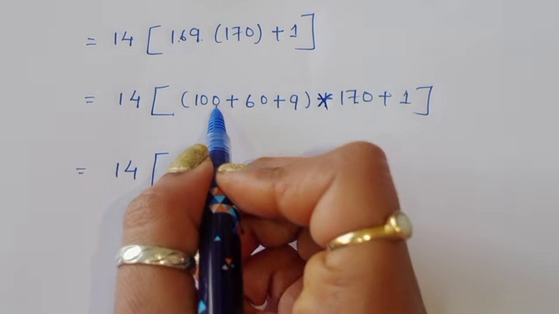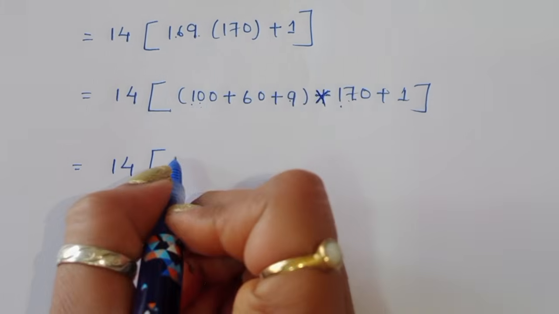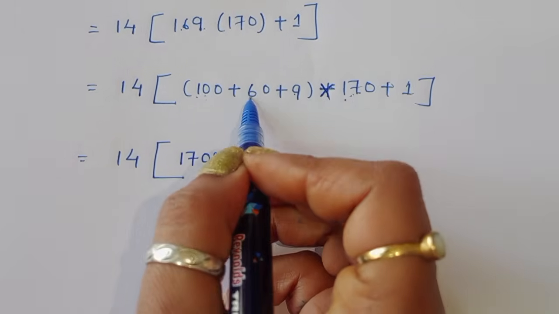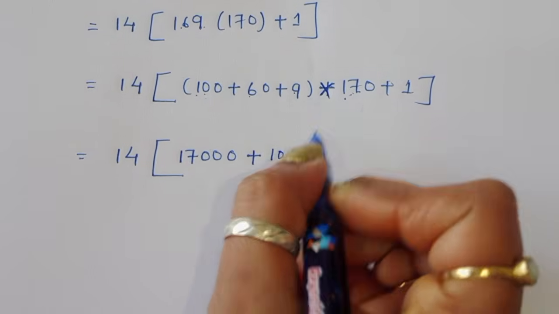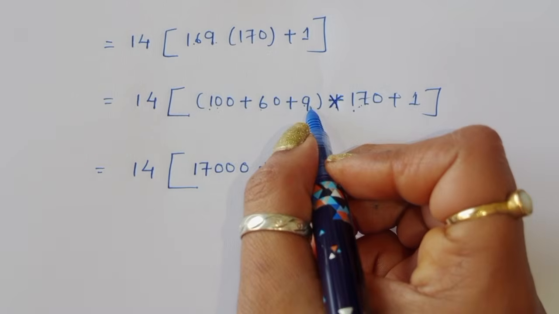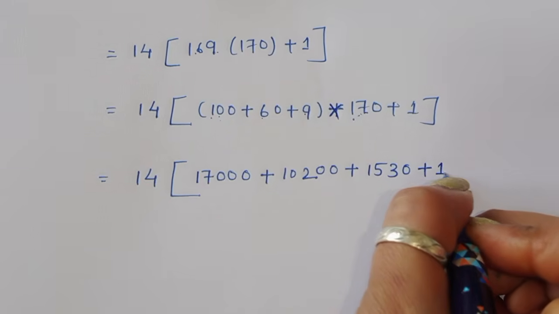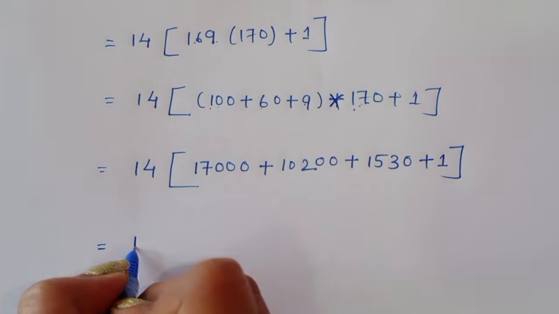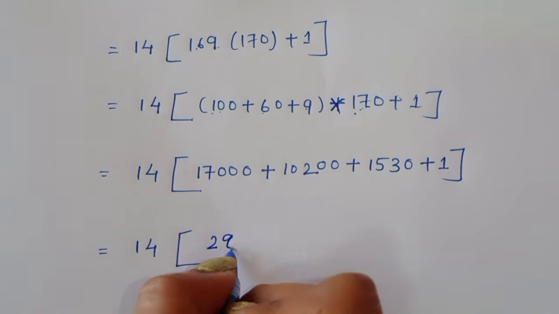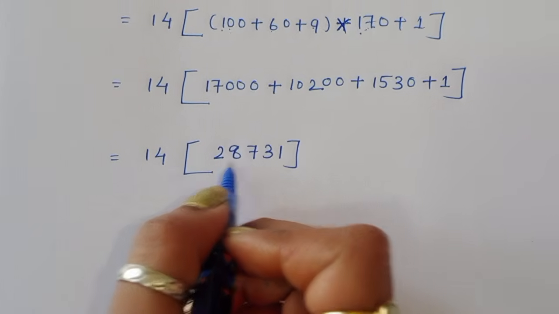When we multiply 169 with 170, we get 170 times 100, then 170 times 60 and 170 times 9, and adding these terms, we get 28,731. Now we have to multiply this with 14.